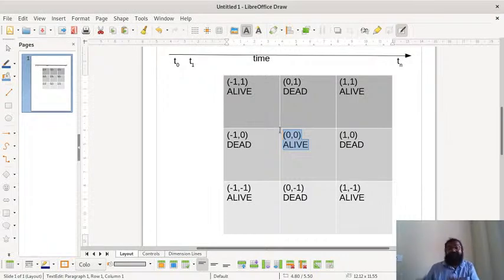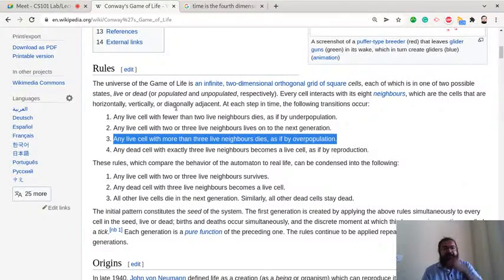Resources are actually scarce, and this guy will die in Tn plus 1, correct? So the whole idea is that now we have discussed three rules.